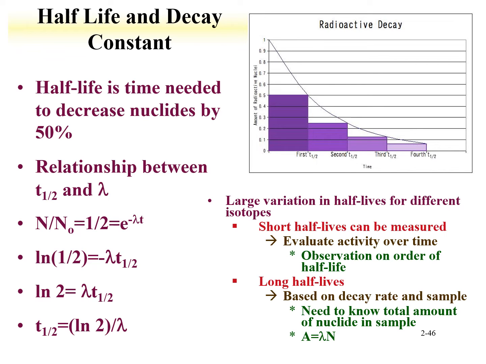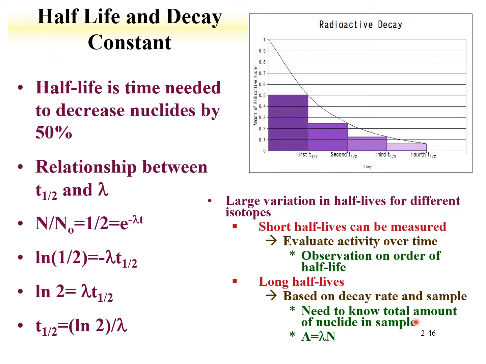If it's a long half-life, the rate basically isn't going to change over my measurement period. Imagine something with 10,000 or 100,000 years, on the order of plutonium-239, around 20,000 years. This is based on the decay rate in the sample, so I need to know the total amount of a nuclide in the sample.